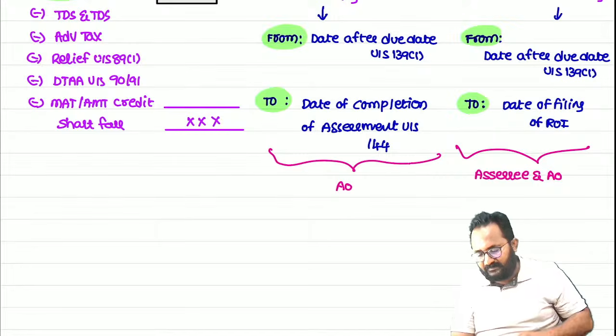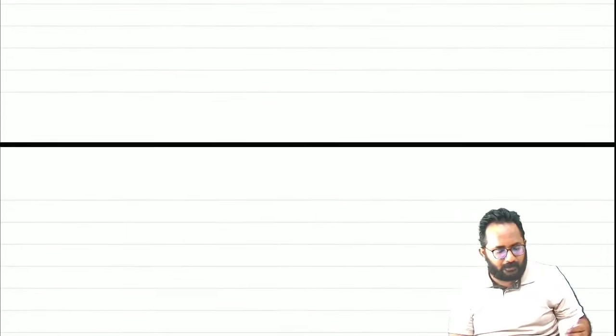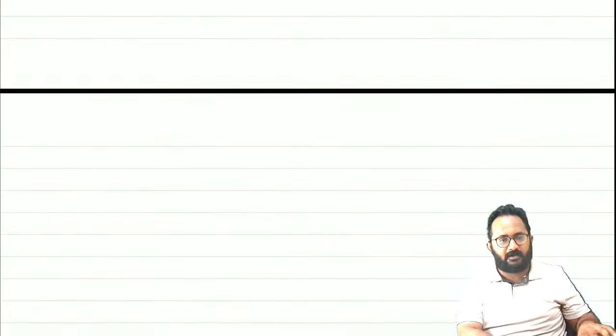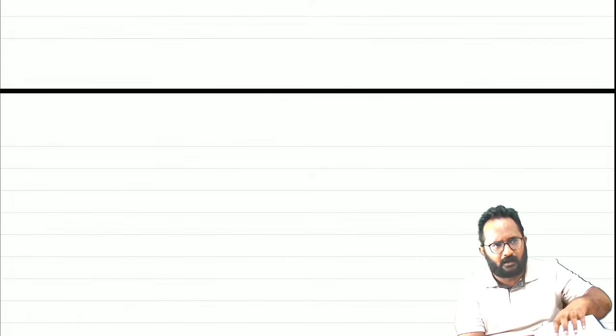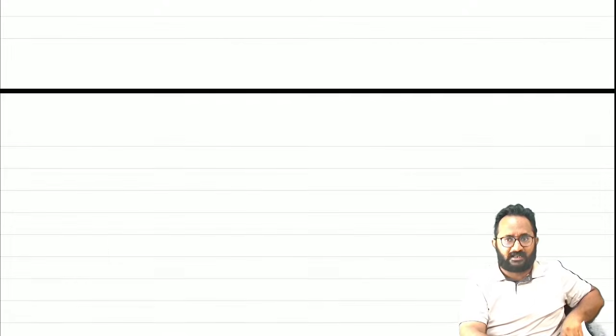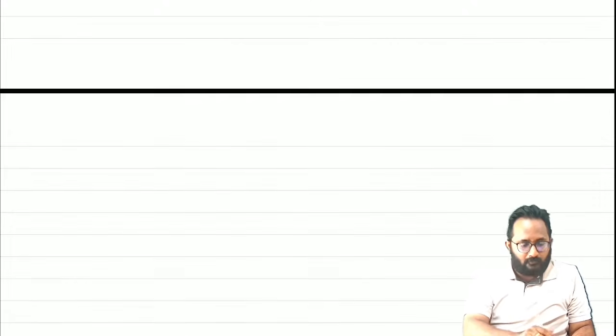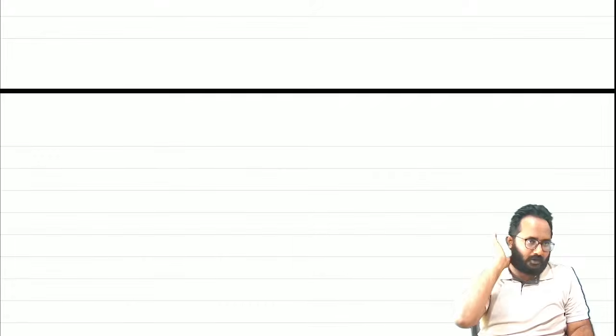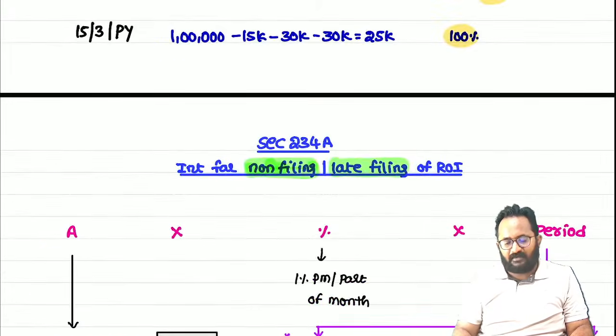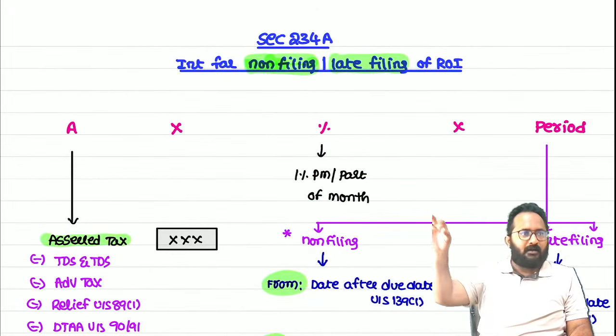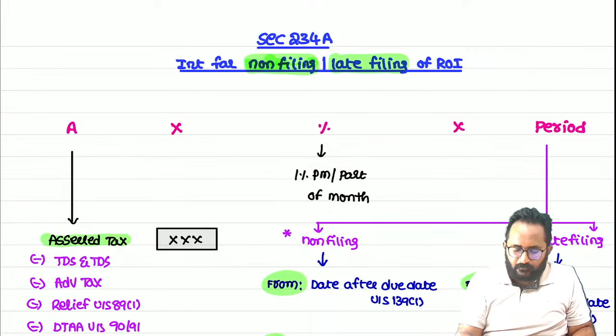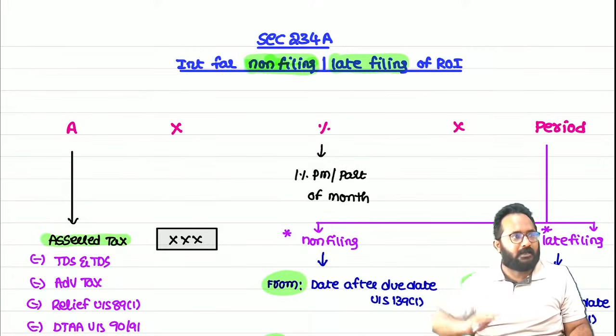Yes sir. If this is done, now I will tell you one more point, then we can discuss the questions under 234A. Before discussing 234A, you have to accept that for two consequences we can calculate the interest. What are the two consequences? Non-filing, late filing. In case of non-filing, who will compute interest directly? AO.